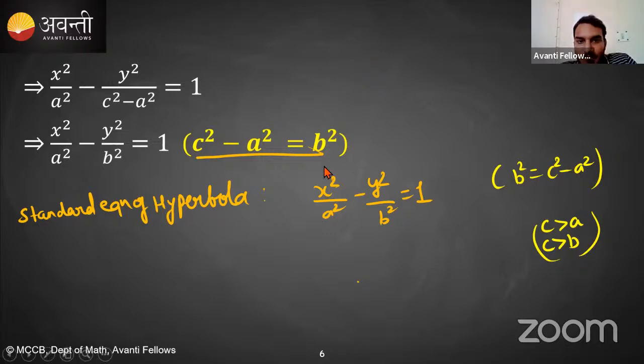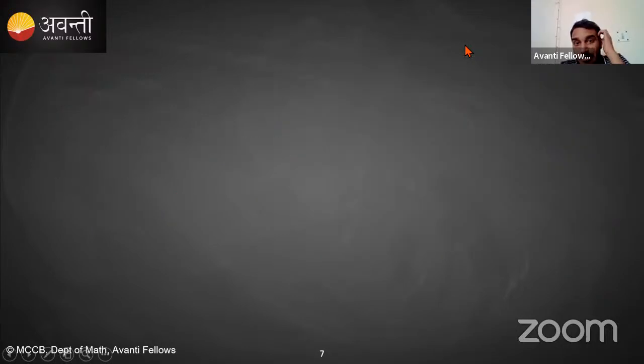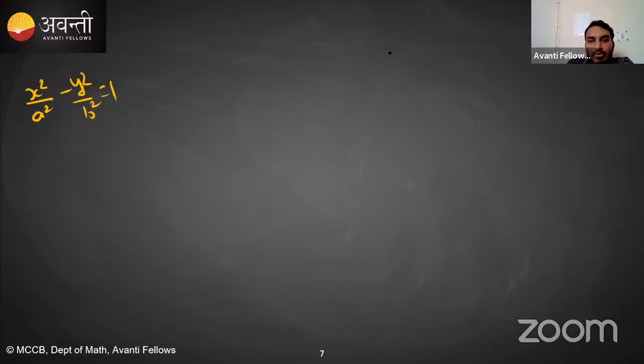Right? Okay. Now, if it is clear, the standard equation of hyperbola is x square by a square minus y square by b square equal to 1. So first of all, now that the hyperbola has come, let's just draw the hyperbola. Just the basic things about the hyperbola we should know before going to the tracing of the hyperbola.